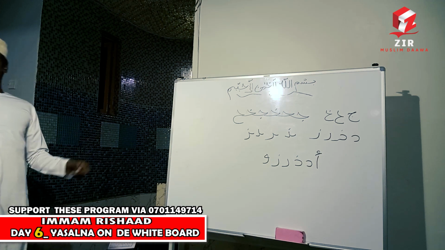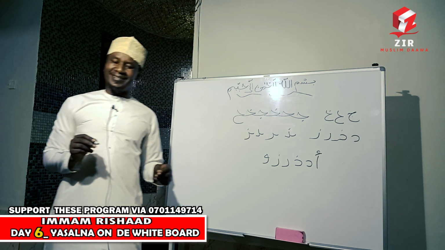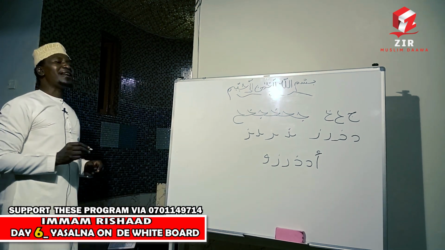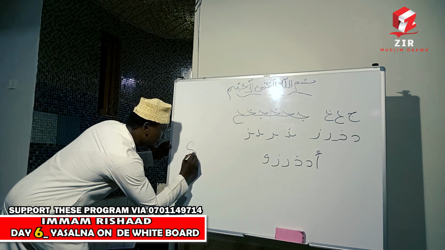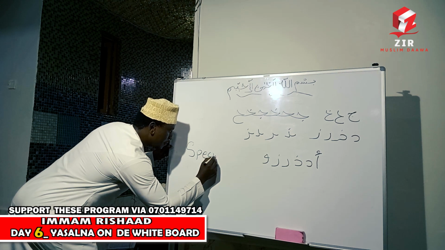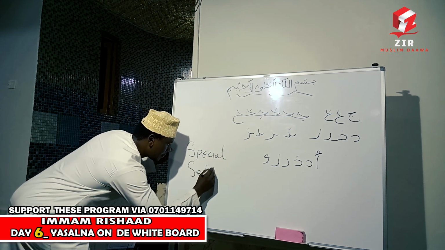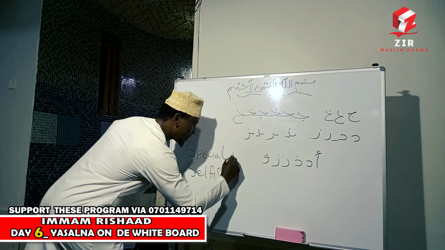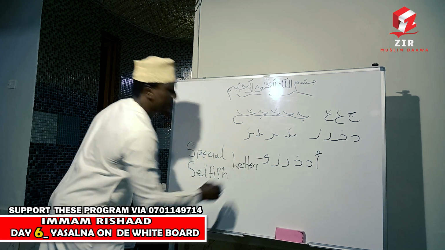Those 6 letters are called special letters, or selfish letters. Why?